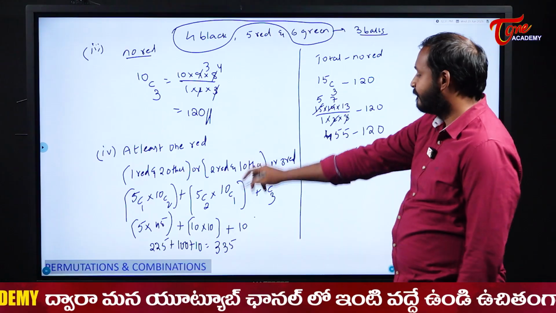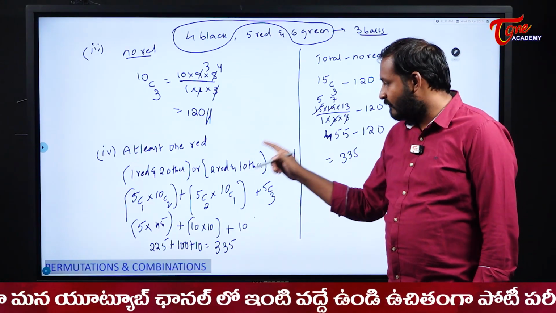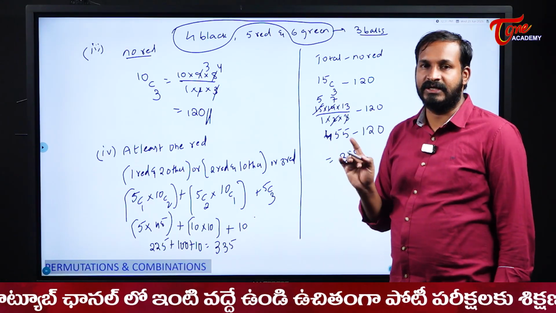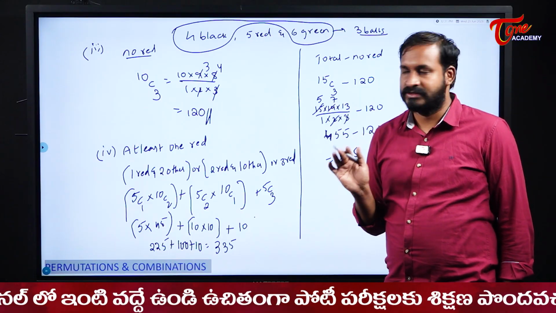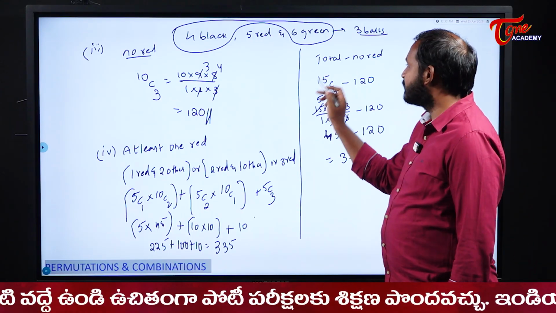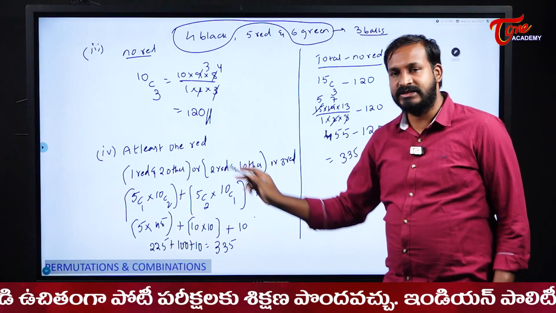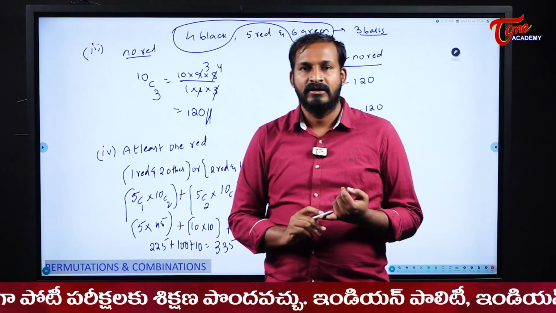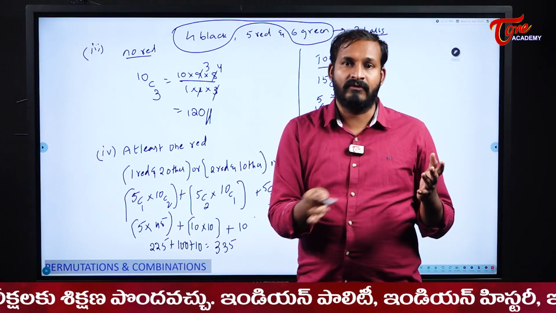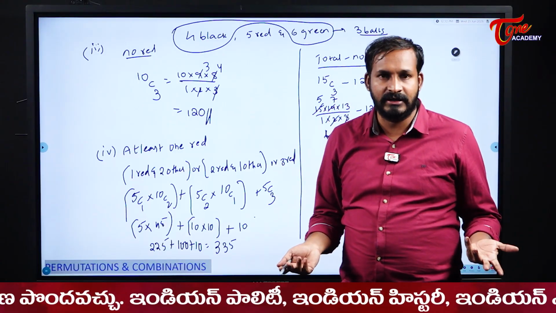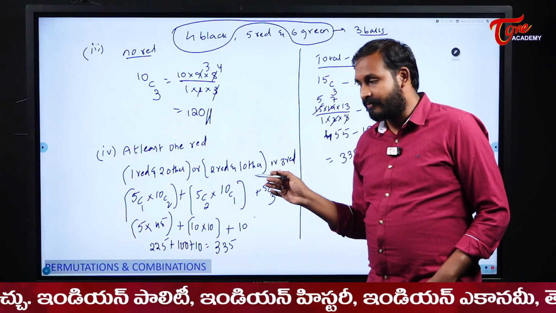The same thing. So you can follow this one or that one, but we should get the answer at any cost. Try to understand this: total minus no red. At least 1 means a minimum of 1, so the negation, the quite opposite, is total minus no red.